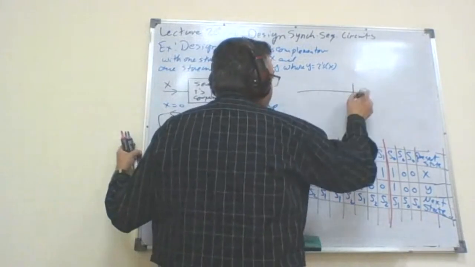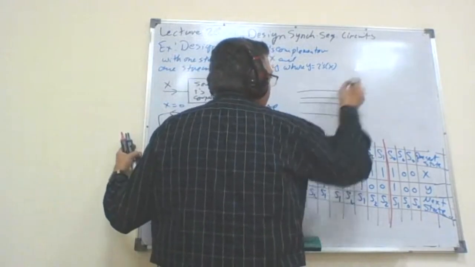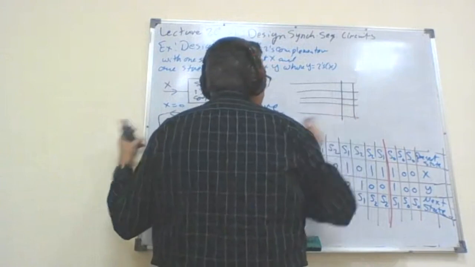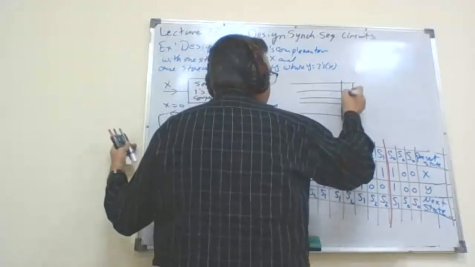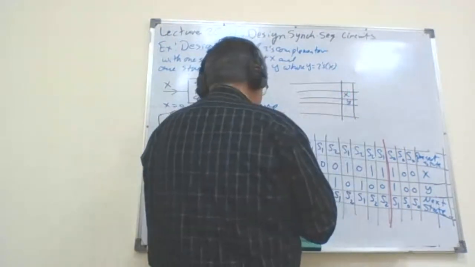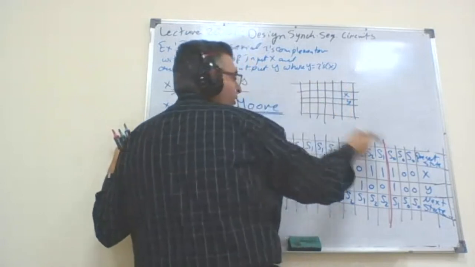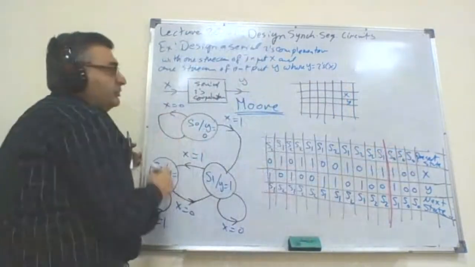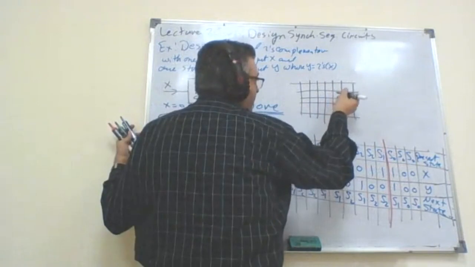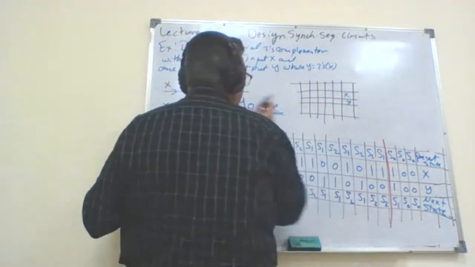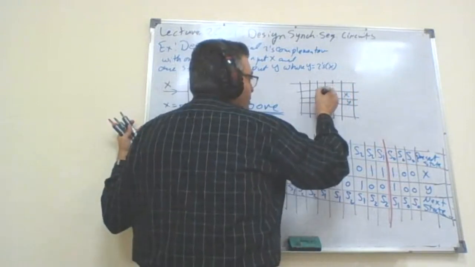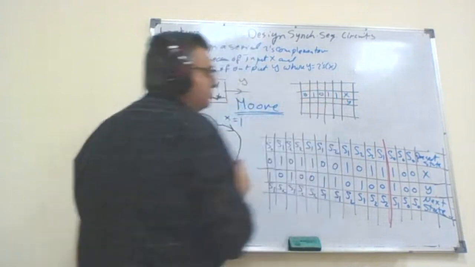I will not repeat for all of this, just for demonstration. Here x was starting with 0, so what if I start x with 1 from the beginning? 1, 1, 0, 1, 0.